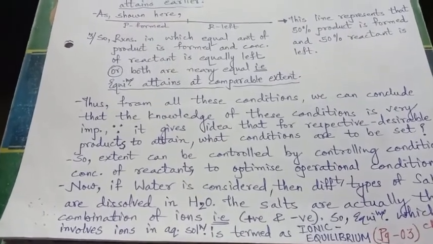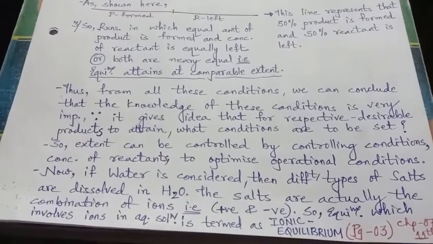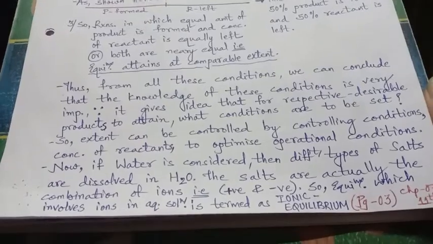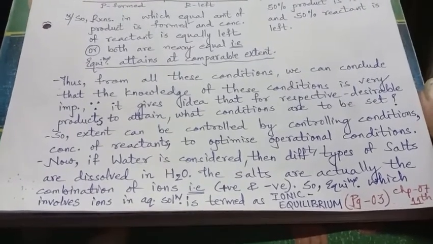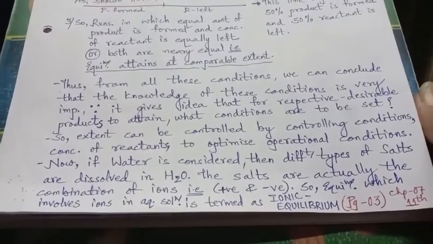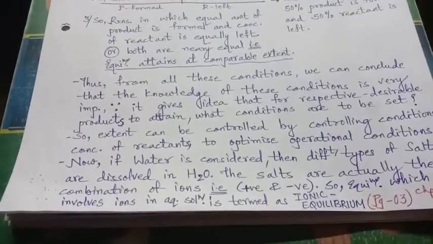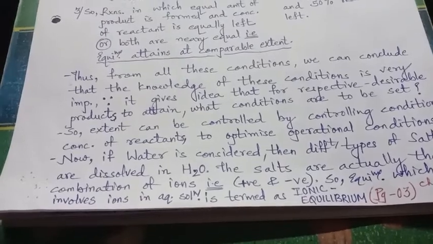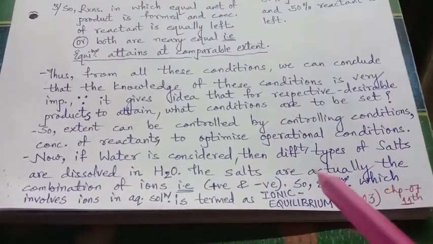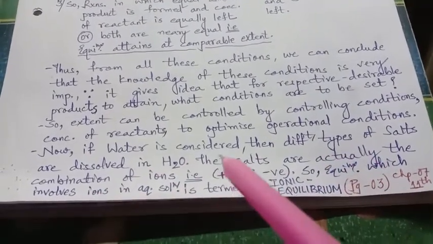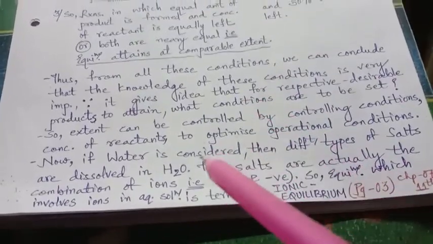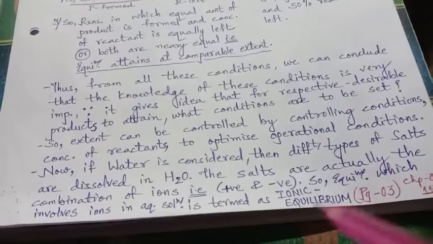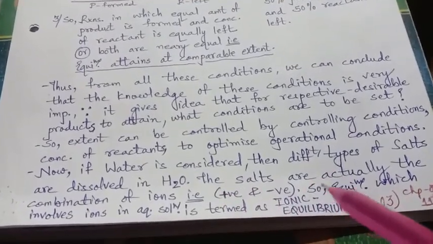The extent can be controlled by controlling conditions, by controlling the concentration of reactants, and for all these, the optimization of operational conditions can be followed. Now, along with this, if I say that water is to be considered, then different types of salts are dissolved in water. We know water contains many types of salts. And we also know what a salt is.